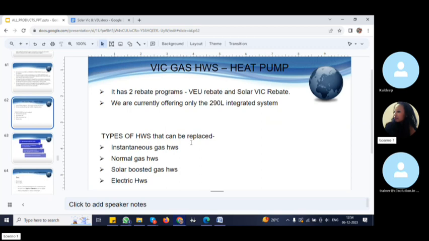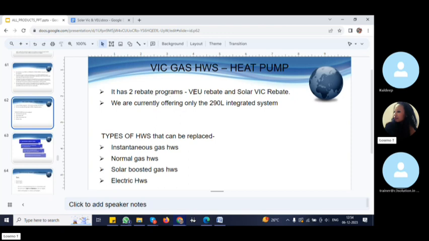If not, to purchase a new heat pump in the market is quite expensive. So not every household can afford it. It's not something which everyone can afford to buy themselves from the market. That's why the government has initiated this program, and with the help of this program, they are giving various rebates. Currently, we have two rebate programs.